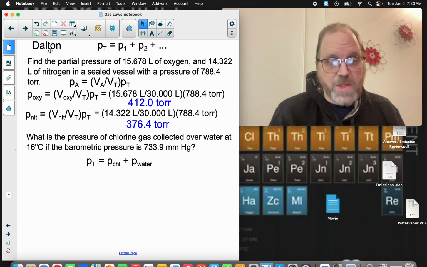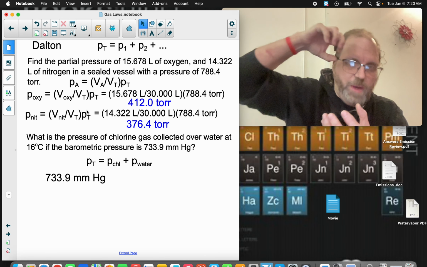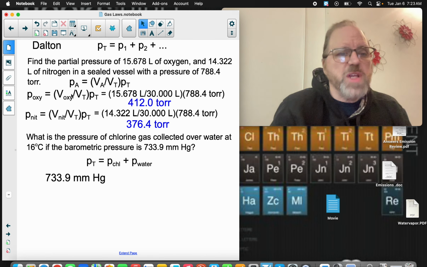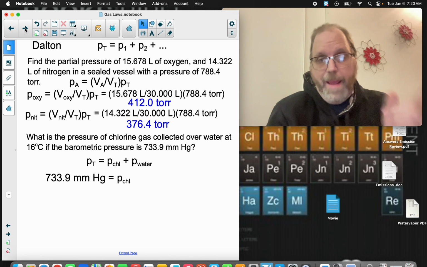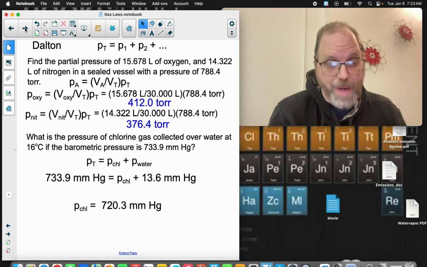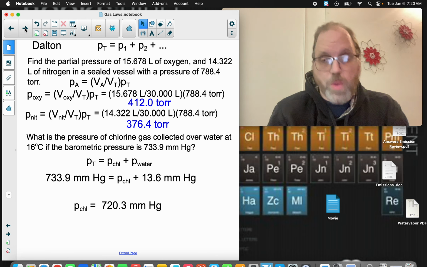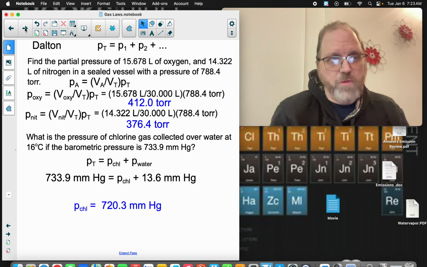Total pressure is the barometric pressure. Remember, the pressure inside is always equal when you're pushing out. So 733.9 is equal to pressure of chlorine plus that water vapor we got, 13.6. Simple math, all we're going to do is subtract and get 720.3 millimeters of mercury. I'm going fast. This is all review. Hopefully not too bad.